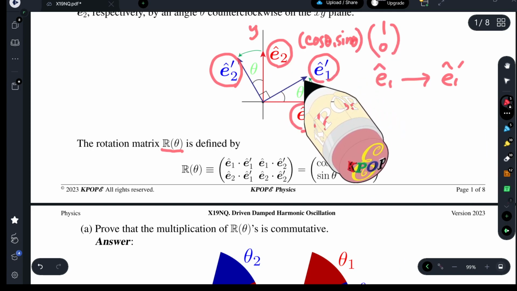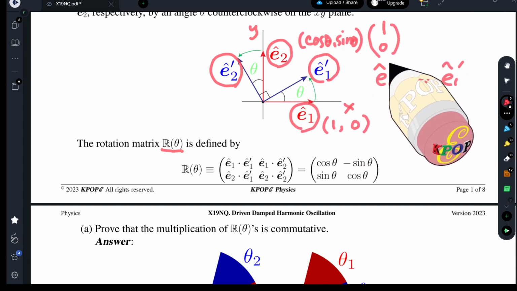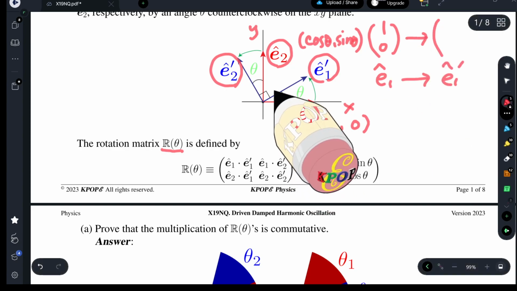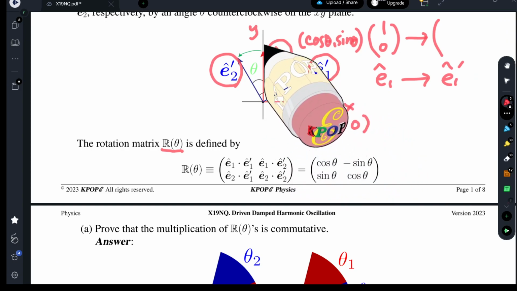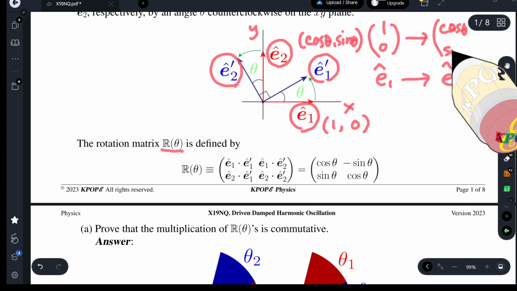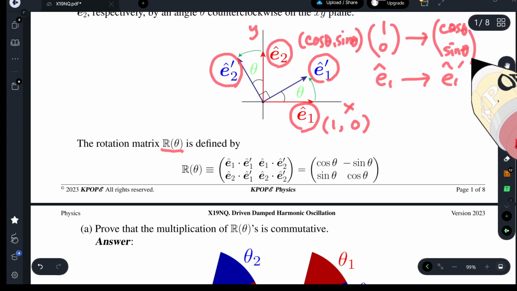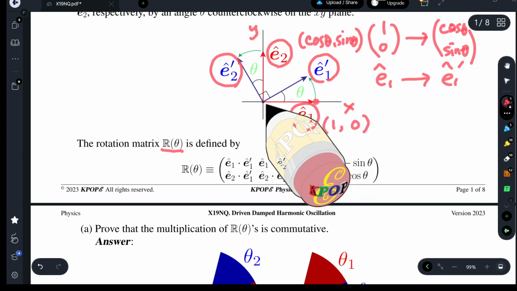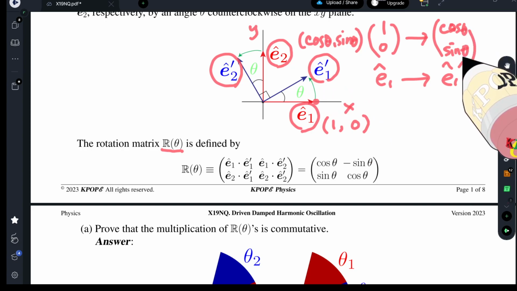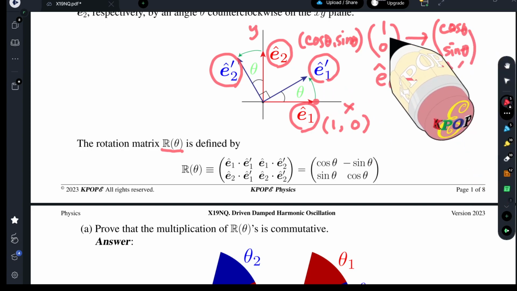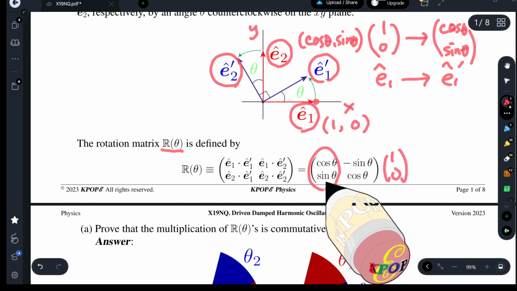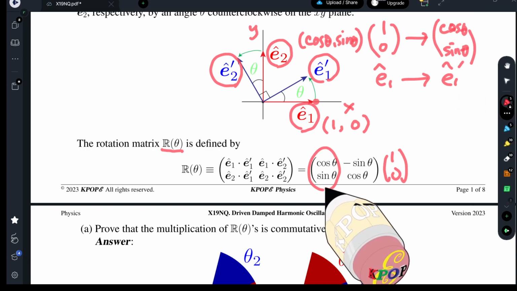If you write these coordinates as a column vector in terms of the original basis vectors, it will be cosine and sine. As a result, if you multiply 1, 0 to this matrix, you will get this column. The first column will be this.